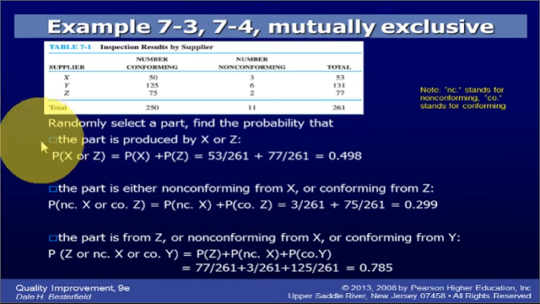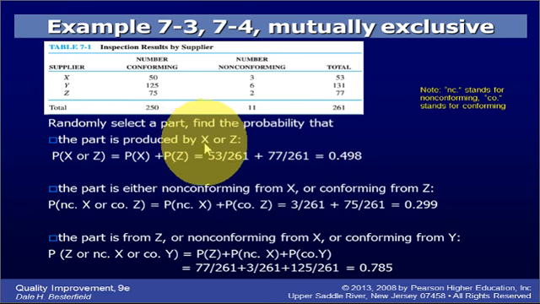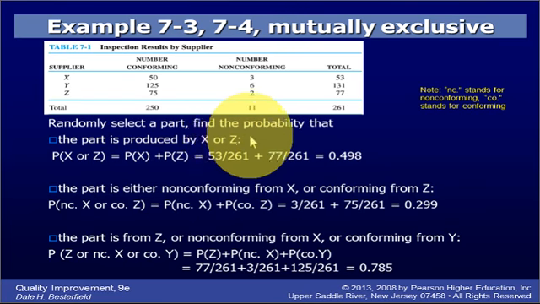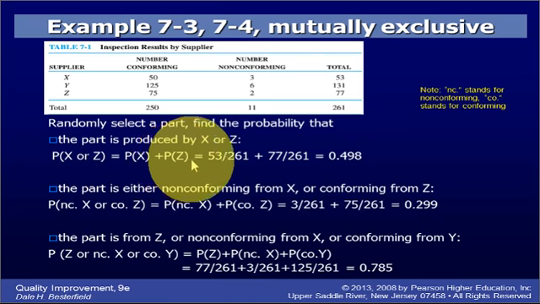Now I ask that if I randomly select a part, I want to find the probability that the part is produced either by X or by Z. So the event A is that a part is from X, and the event B is that a part is from Z. And we can tell that these are two mutually exclusive events because they have no overlap in their outcomes.